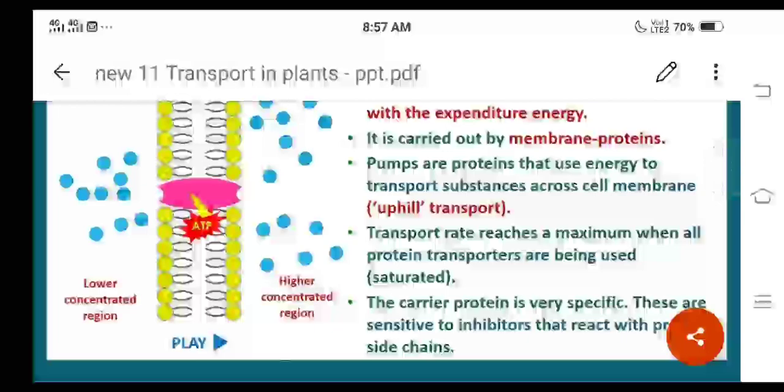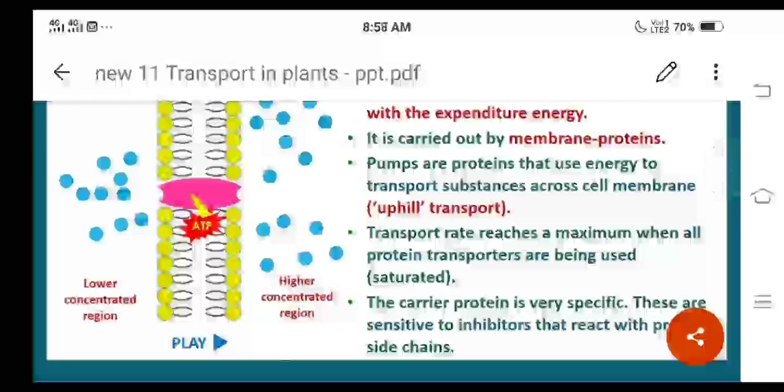And one more property of active transport is transport rate. Transport rate reaches a maximum when all protein transporters are being used. It is like that of facilitated diffusion only, correct or no? There also membrane proteins will be present, and here also. In active transport also, the transport rate reaches a maximum when all protein transporters are being used or saturated.